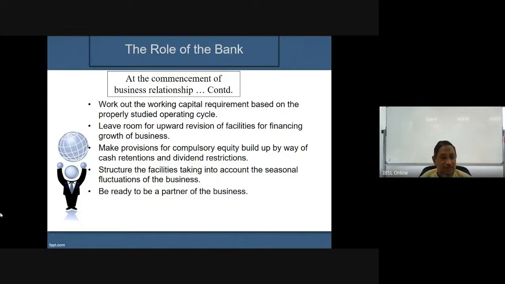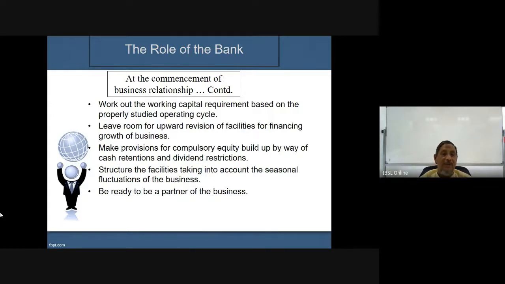Now, whenever you entertain a customer's facility, look at the requirement and try to add at least 20 to 25% more for future expansion. Prepare your limit, get the collateral, and document everything for that amount.